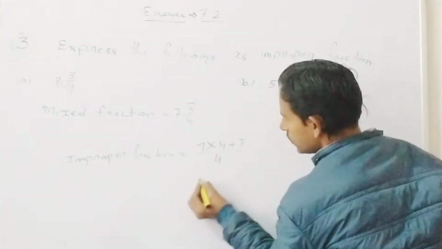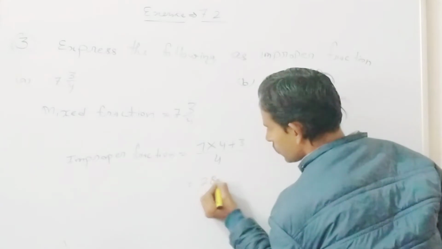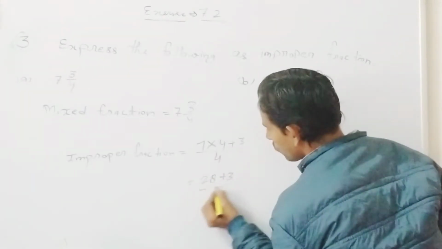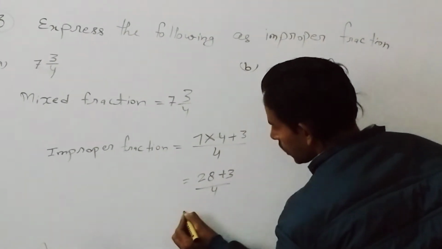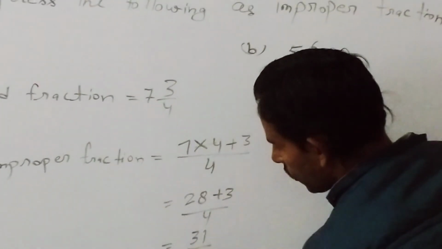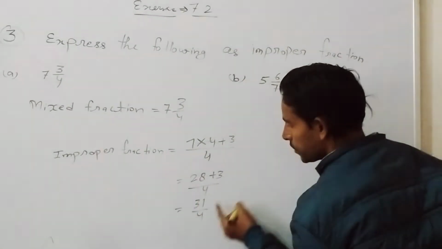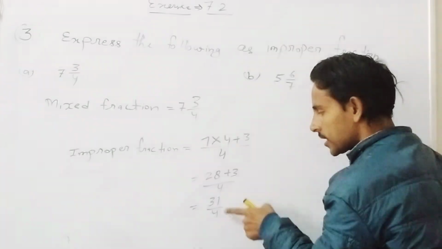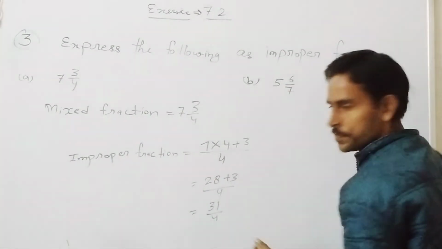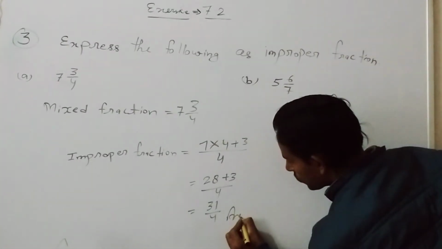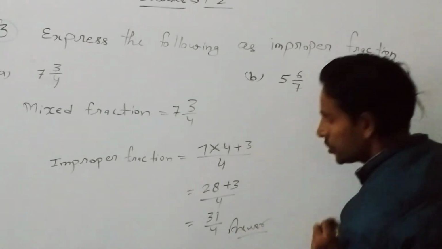Now 7 fours are 28. 28 plus 3 equals 31, upon 4. So it is 31 upon 4. That is our improper fraction because it has the numerator greater than the denominator. That is our answer for the given question.